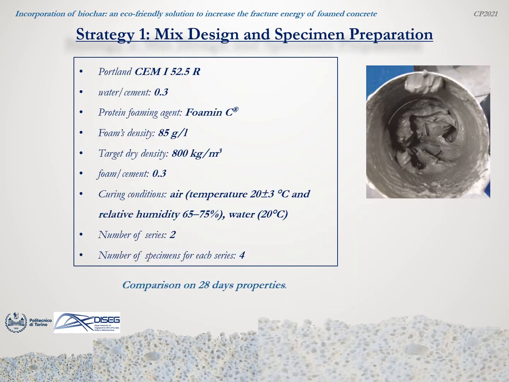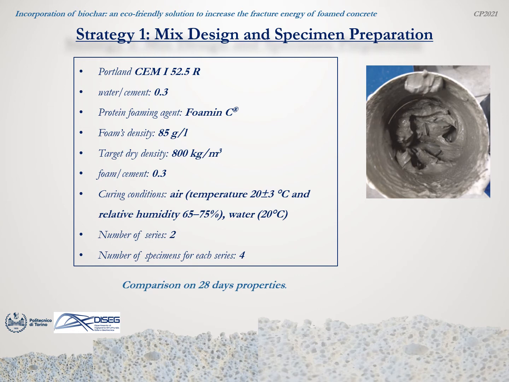As anticipated, strategy 1 consists in choosing the best curing condition to obtain a higher fracture energy. For this first strategy, the specimens were prepared using a Portland cement of class of resistance equal to 52.5 R and a fixed water to cement ratio equal to 0.3.